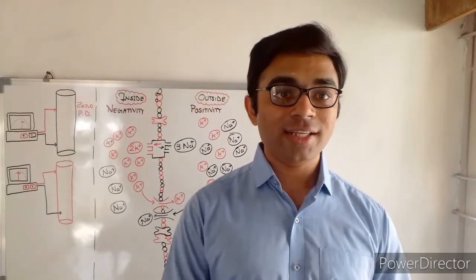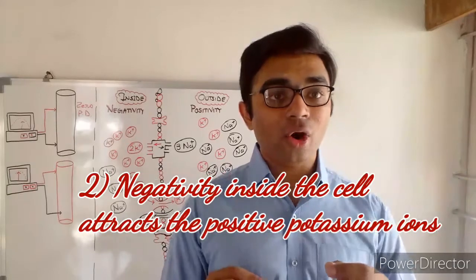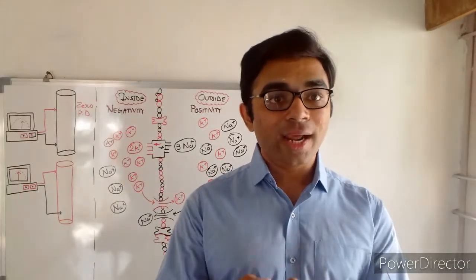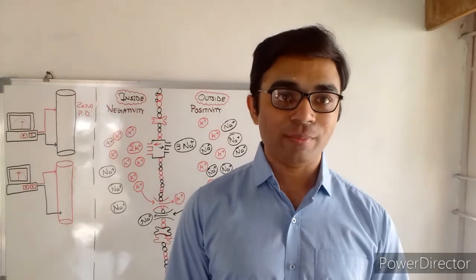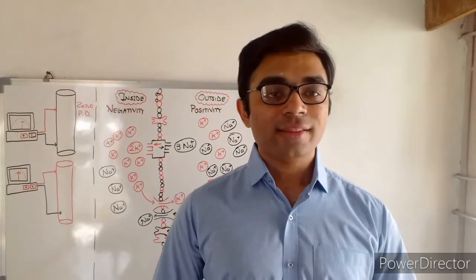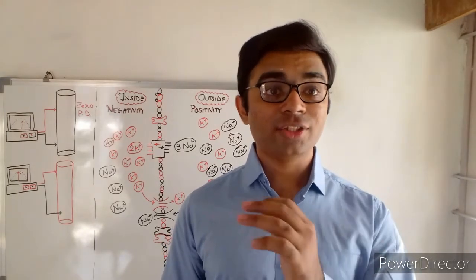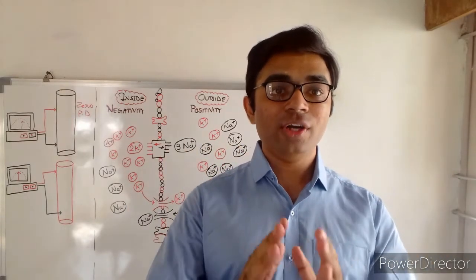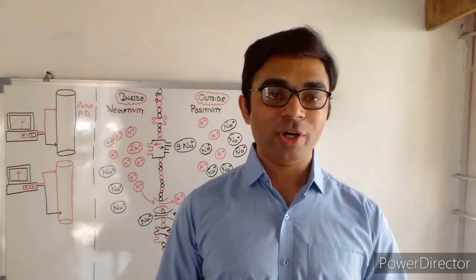The second reason is that all the negative ions inside the cell membrane attract the positive potassium ions. That is the reason the potassium efflux is stopped. So that is all about the concept of ionic basis in the resting membrane potential.